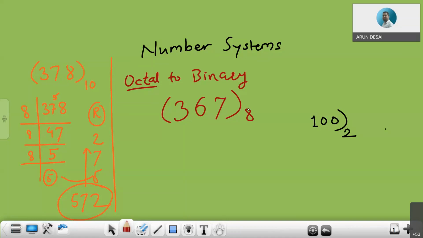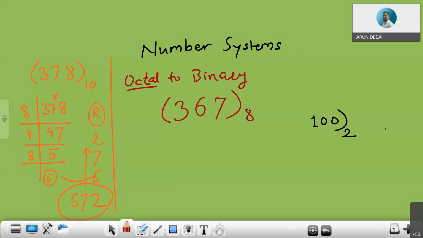Yes. Convert to decimal, then binary. Okay.